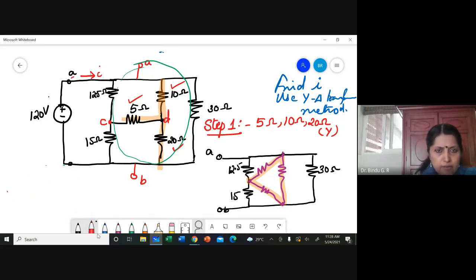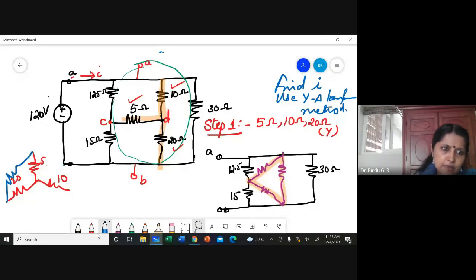You are having 5, 20, 5 and 10, and you are going to replace that by a delta.